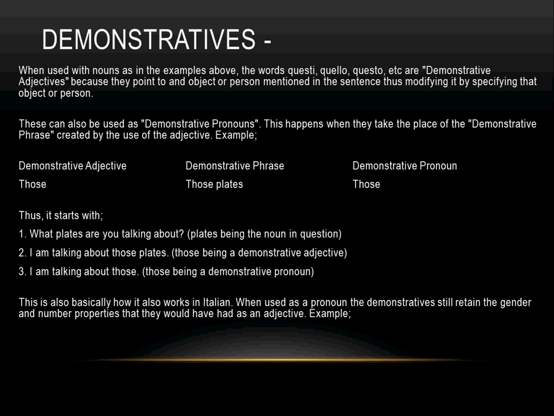As an example, di che cosa hai bisogno? What do you need? Ho bisogno di questi bicchieri. I need these glasses. Hai bisogno di quei? You need those, excuse me. Sì, ho bisogno di questi.